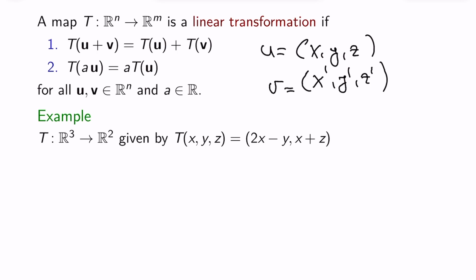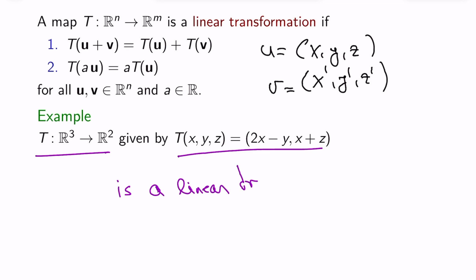So this means then that this transformation from R3 to R2 with this formula is really a linear transformation. We can see that, in this example it is, but we can see that that's not necessary, right?